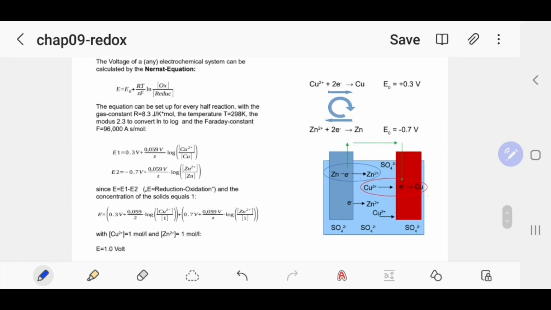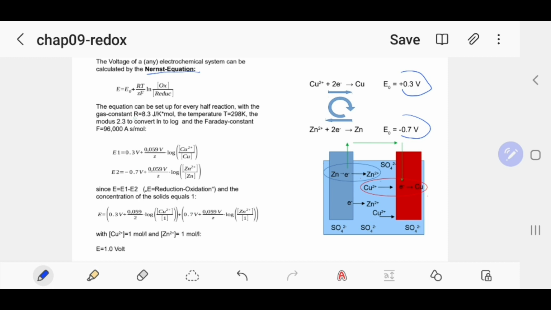Of course, we said that each of the reducing and oxidizing agents have some kind of voltage, so their standard potential, which was in the table. For the copper, it's 0.3 volt, and for the zinc, it's minus 0.7 volt. And we are going to use them in the Nernst equation.